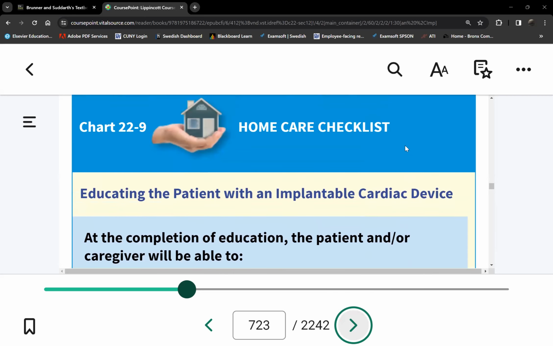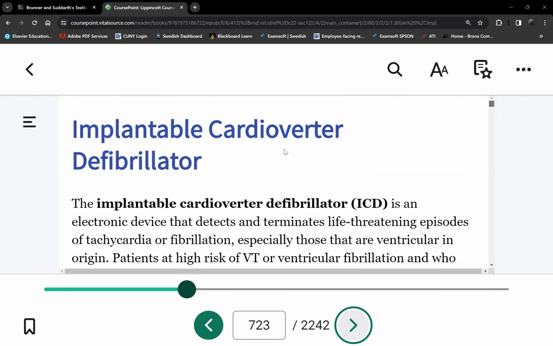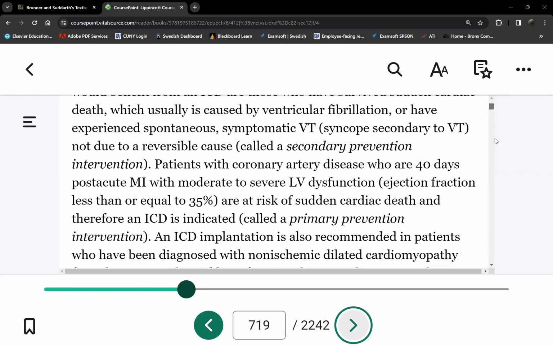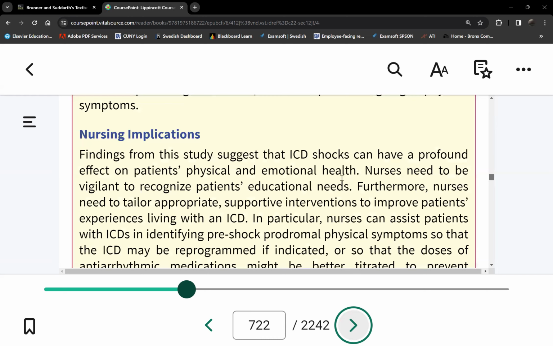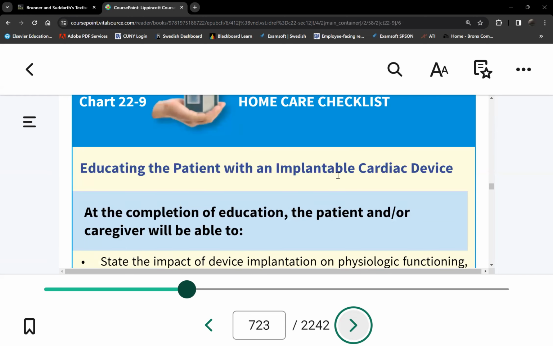This is educating the patient with an implantable cardiac device. It doesn't say implantable cardioverter, which is the title of this page. Here it says implantable cardioverter defibrillator, which is referring to an ICD, like a miniaturized defibrillator. This chart 22-9 therefore refers to both an ICD and the pacemaker.